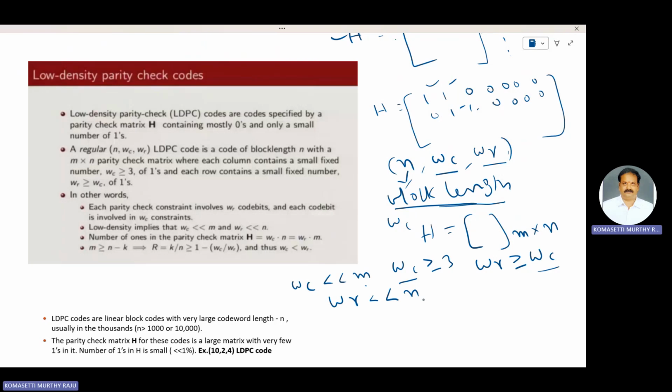N is the length of the encoded code word, or block length.